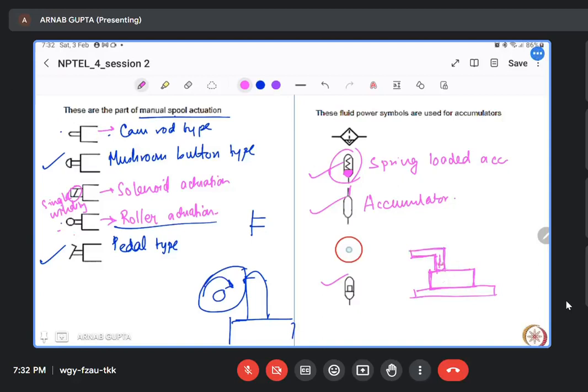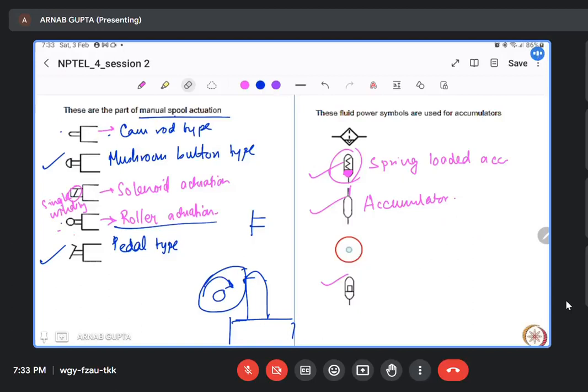This clamp will hold onto the workpiece, and after that a milling or drilling machine will come and make a hole through it. You want, say, 2 seconds of delay after the clamping has taken place, and then the second operation will start: this hydraulic motor will come and drill a hole. In that case, you need to put an accumulator in the circuit so that the time delay is realized.